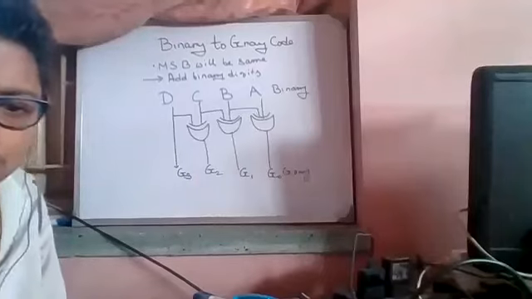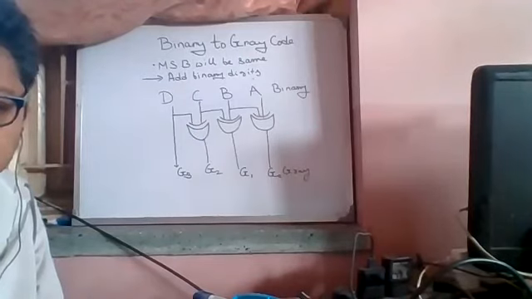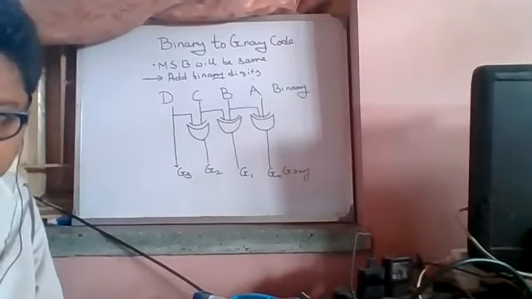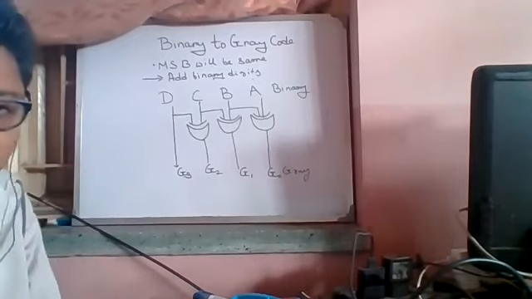So if it is okay, then similarly you can do the reverse one, Gray code to binary code. Just try to make Gray code to binary code.